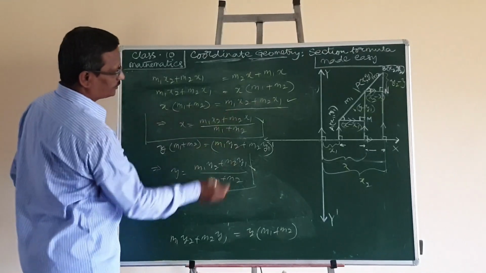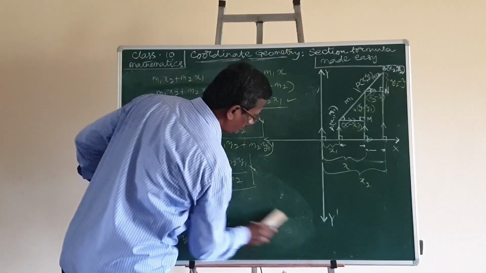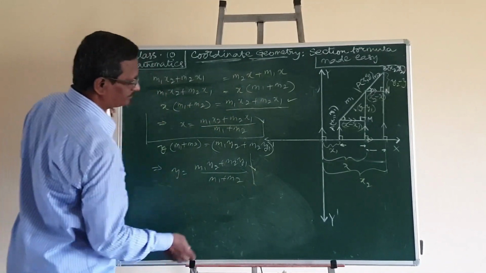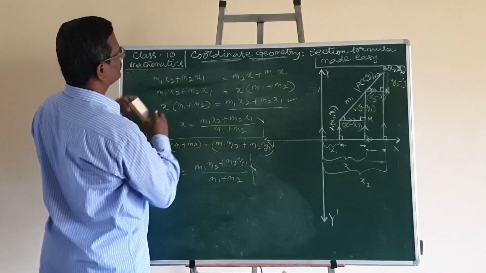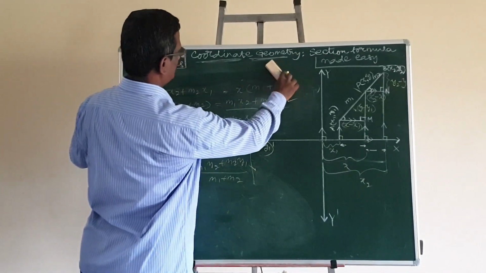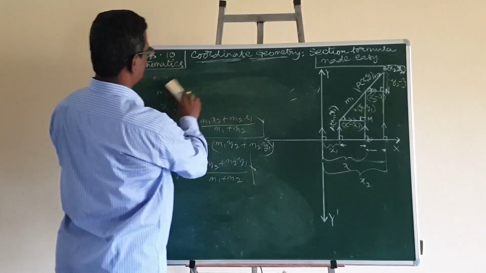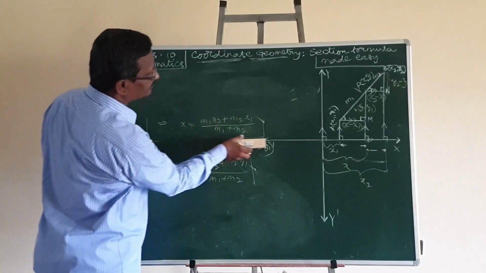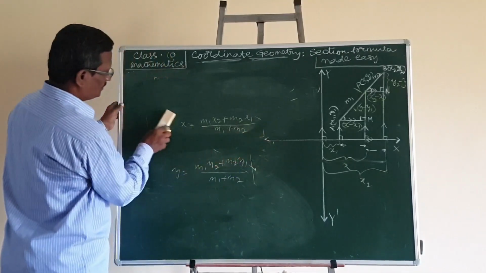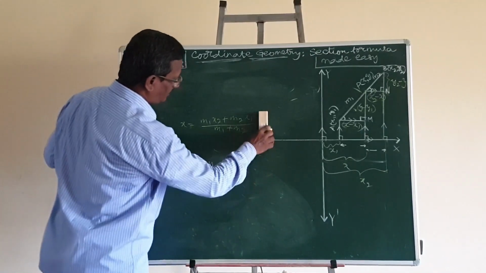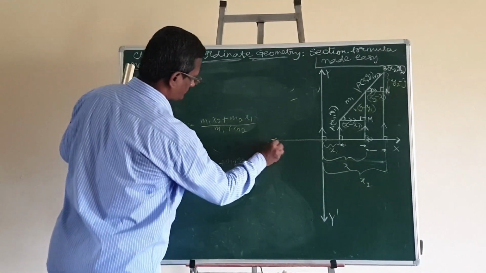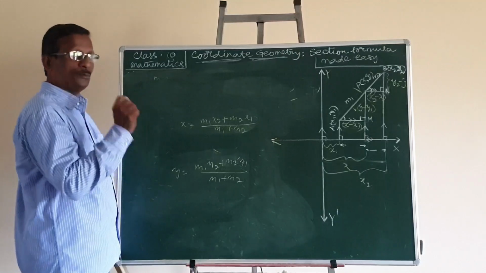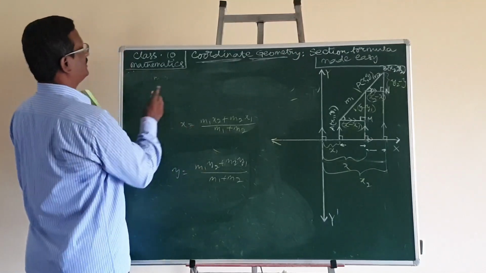So, let us write these values. This is the x value, this is the y value which we have derived. The same values, if I write in one small systematic way, we get easily.